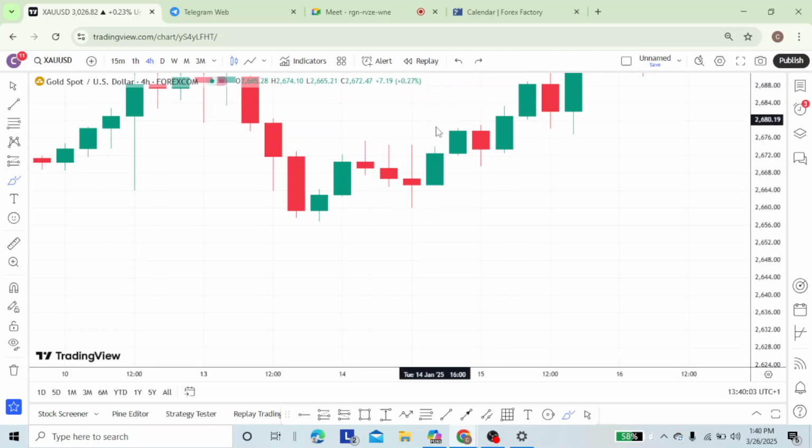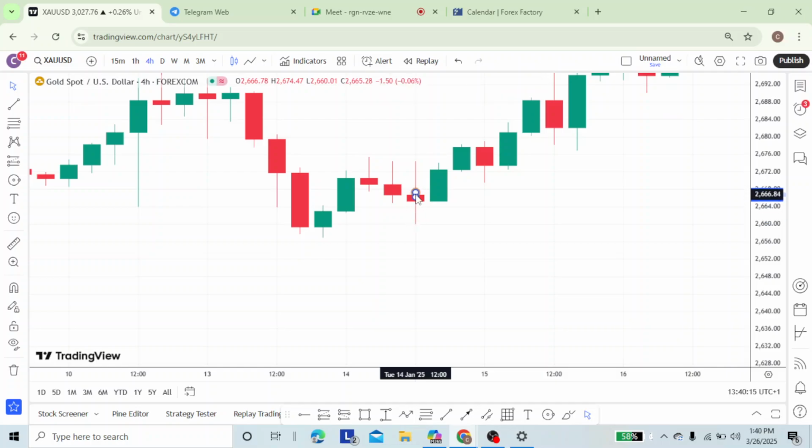Can you see it? Yes, sir. It is obvious that it is different from... Let me just highlight it with this. Can you now see it?